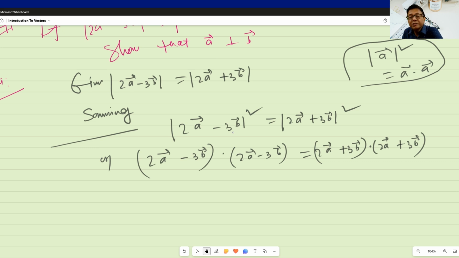Now, the distributive property is valid. So, taking the dot product pairwise is allowed.